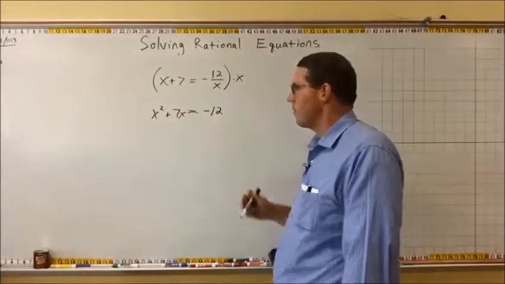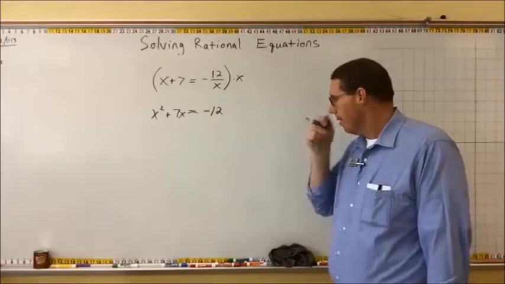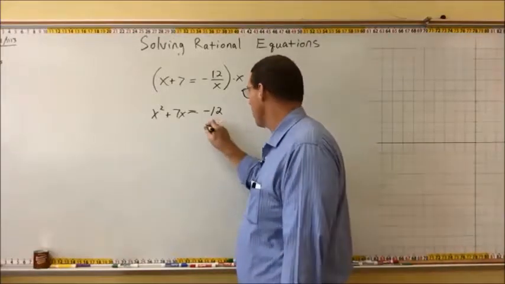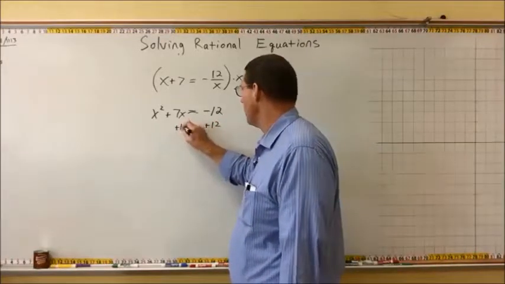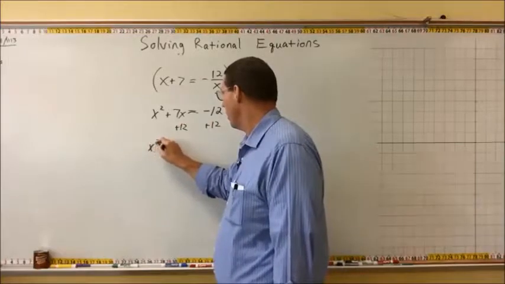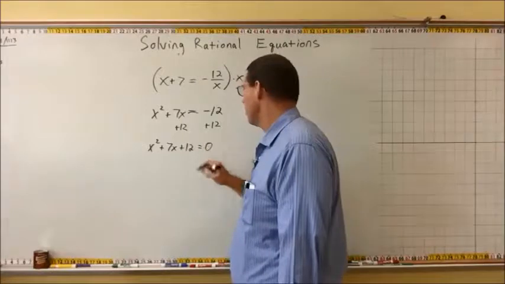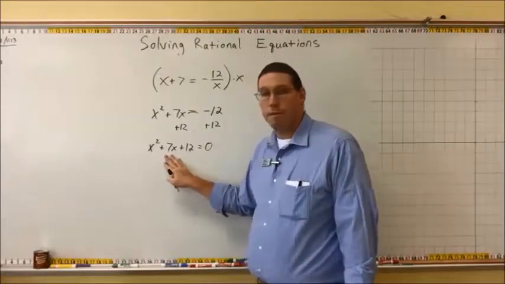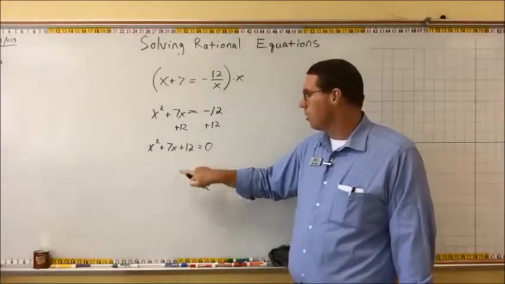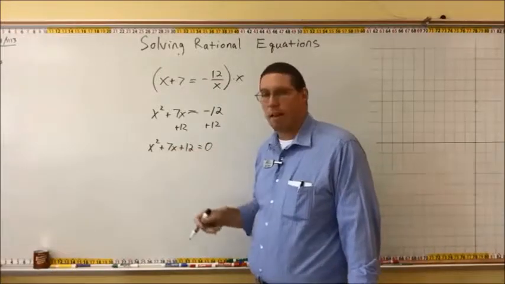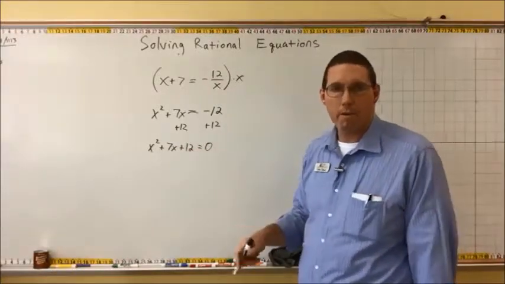And so now we have this quadratic again. Okay? Now, we've got to set it equal to 0, so we're going to add 12 to both sides. And we're going to have x squared plus 7x plus 12 equals 0. This is factorable. We've got two numbers that multiply to 12 but add up to 7: positive 4, positive 3.